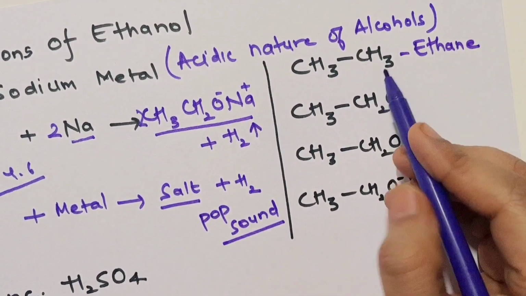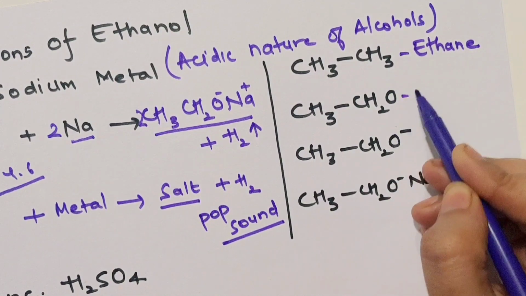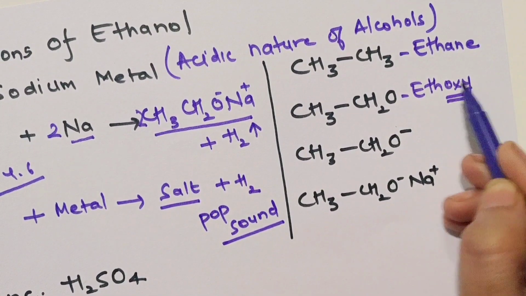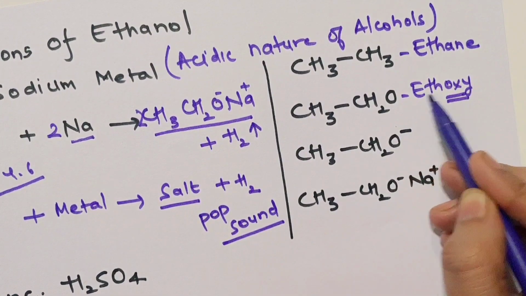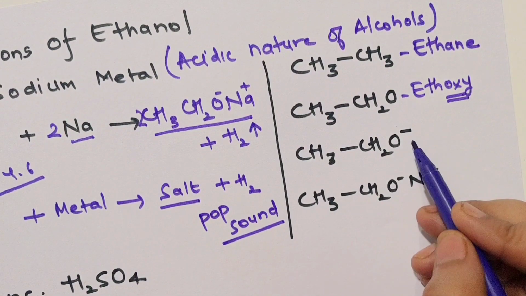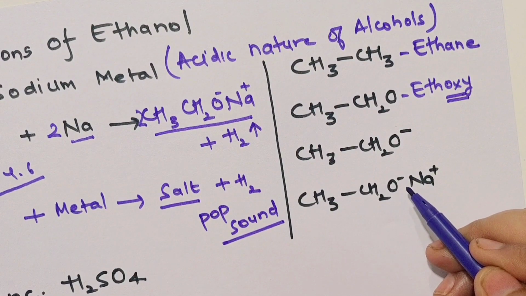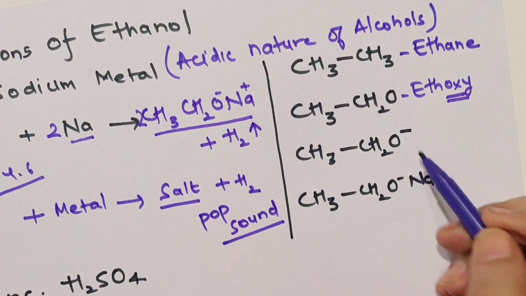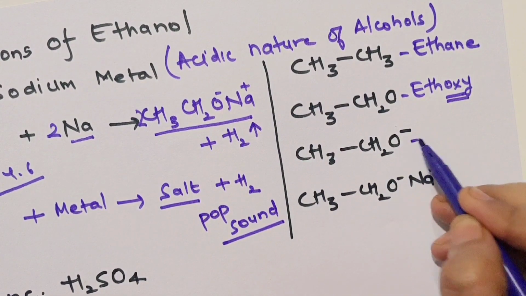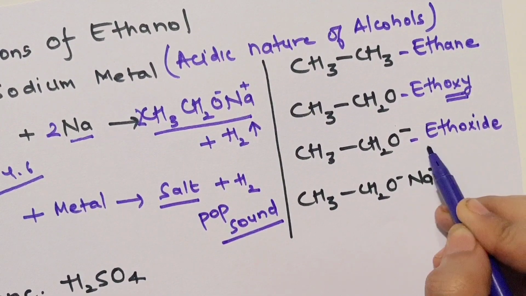If you replace one of the hydrogens of ethane with oxygen, it becomes ethoxy, because there's an oxygen in place of hydrogen. Now in grade 9 you have studied that anions take the suffix "ide", "ite" or "ate". So here, if this ethoxy gains a negative charge, it becomes ethoxide.